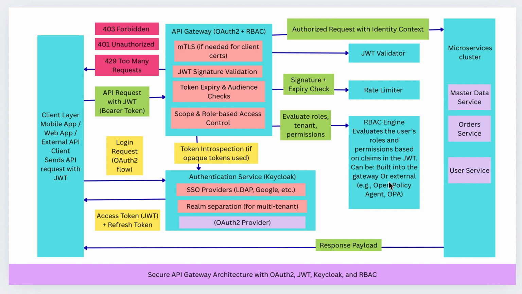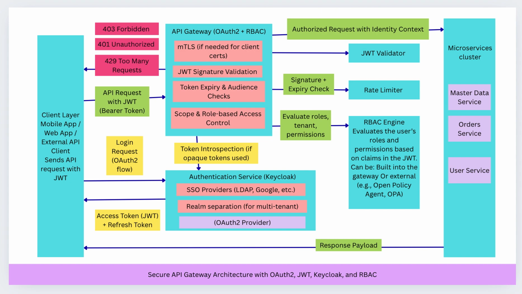Then we have the RBAC engine here. The process here is that the API gateway passes token claims, for example role, tenant, and scope, to the RBAC engine. It evaluates: does this user have access to this API? Is this user from the correct tenant?